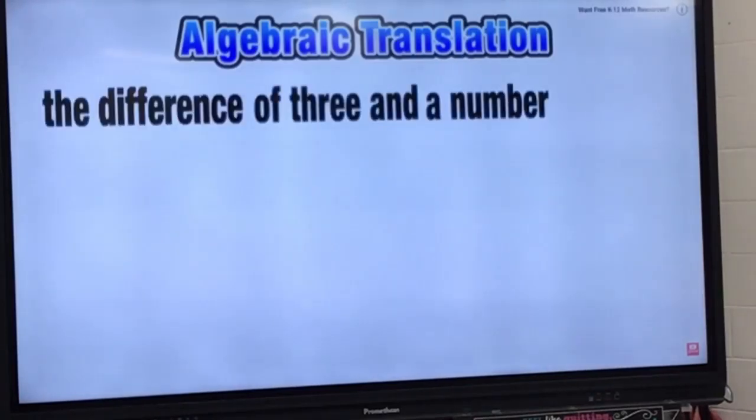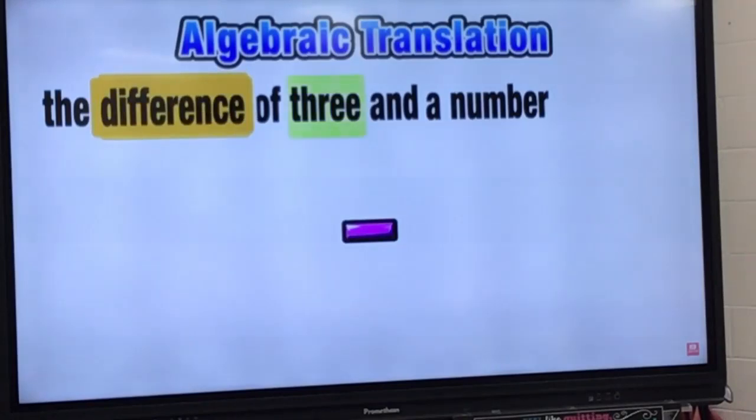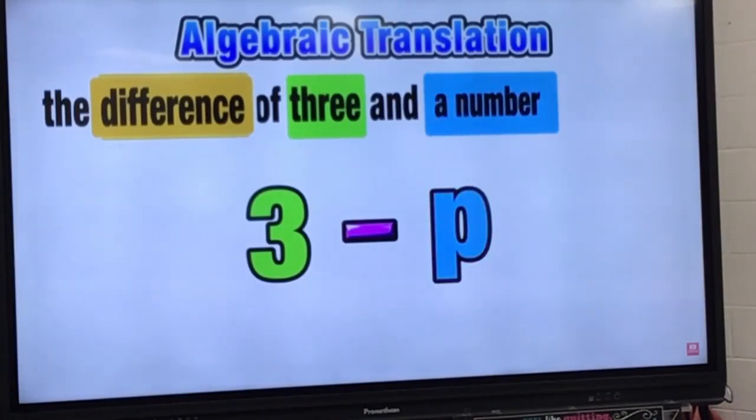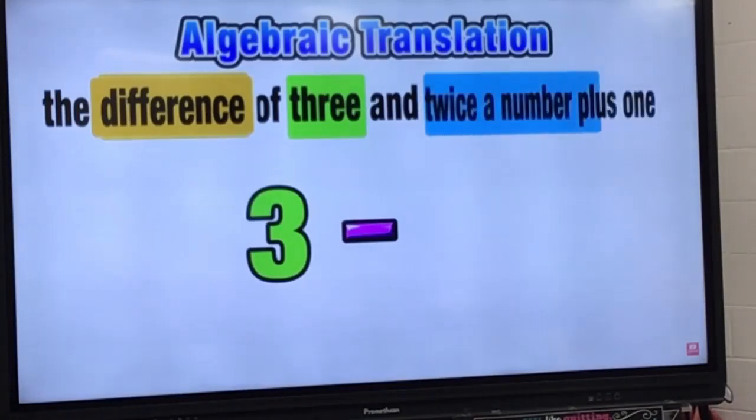Moving on now, if we have the phrase the difference of 3 and a number, you can easily translate this. Difference is subtraction, and we have 3 minus some number, we'll call it p. So 3 minus p would represent this phrase. But what if instead we had the difference of 3 and twice a number plus 1?